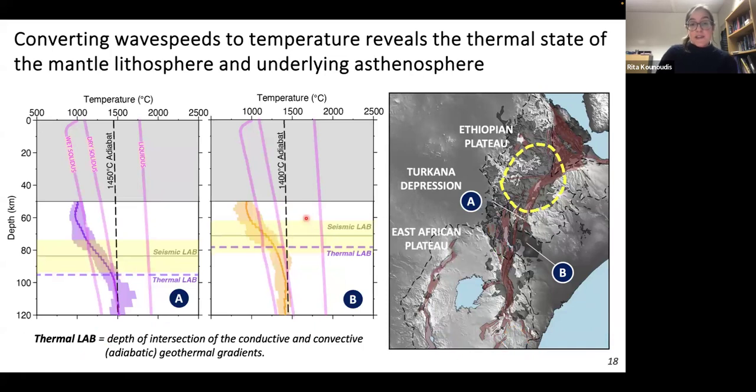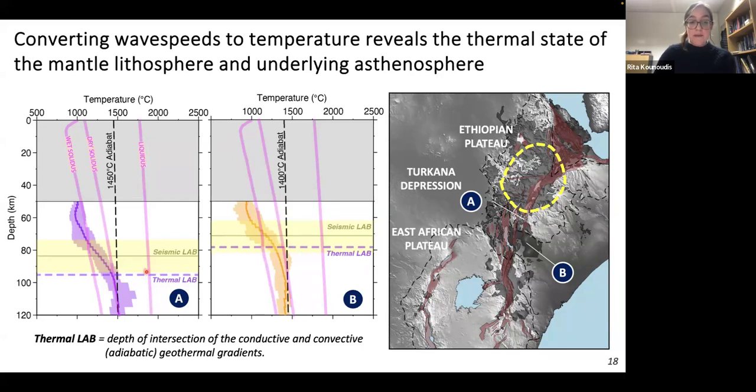So what we did was take things a step further by converting our wave speeds to mantle temperatures to get a good idea of the thermal structure of the lithosphere and the underlying asthenosphere. So we used peridotitic composition to do the conversion, and we took into account anelasticity. And this gives us another independent proxy of where the LAB would be.